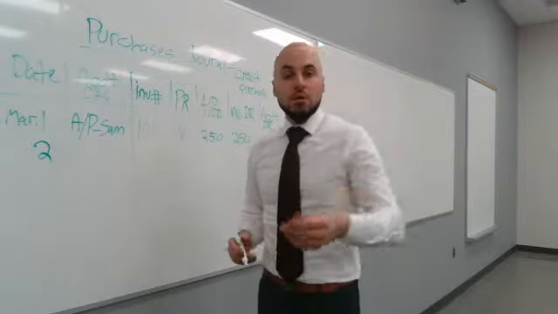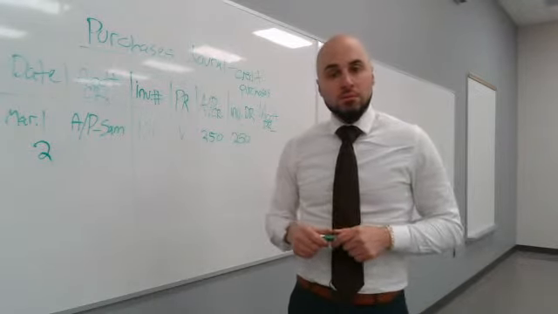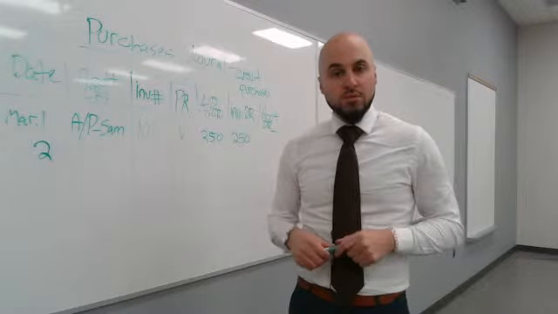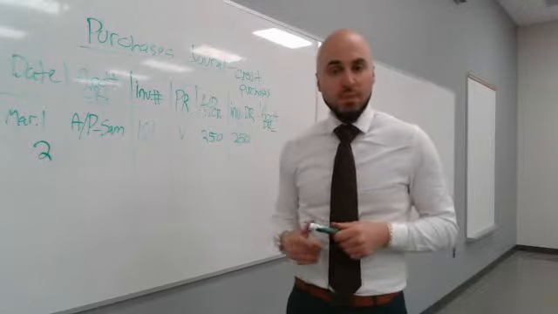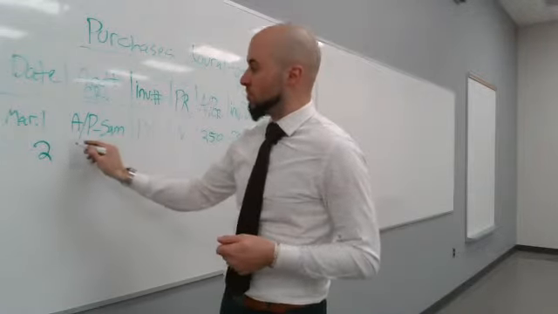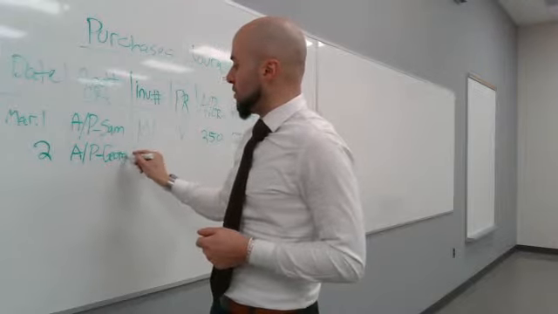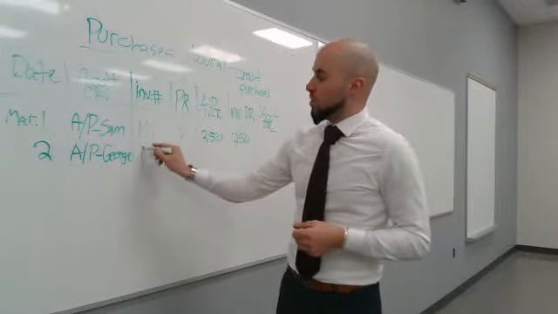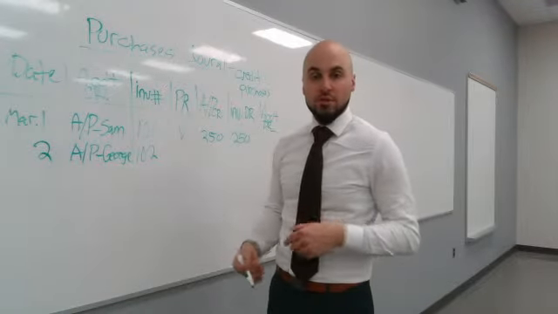March 2nd. Who's our other two customers? George and Stacy. March 2nd, we purchased from George. Accounts payable, specify George. Invoice number 102, remember these are the purchase invoices now, very similar to the sales invoices.